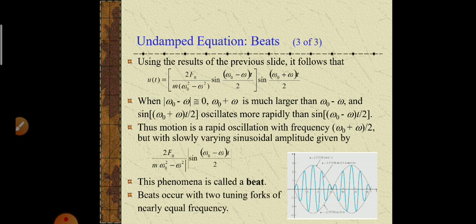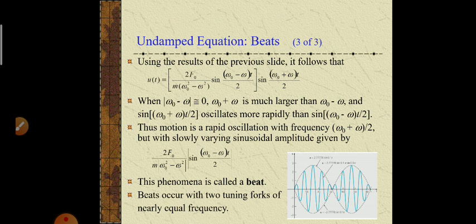Using the result of the previous slide, it follows that u t is equal to 2 f0 divided by m into omega 0 square minus omega square, times sin of omega 0 minus omega t by 2, times sin of omega 0 plus omega t by 2.